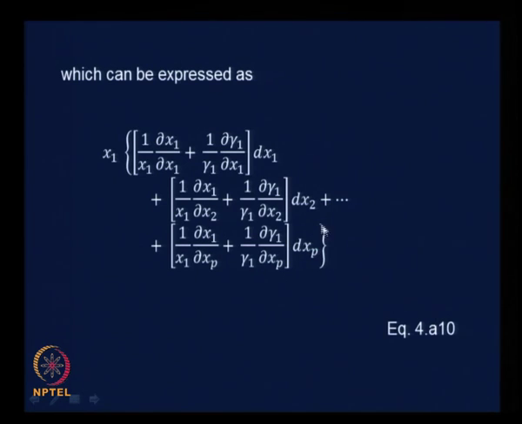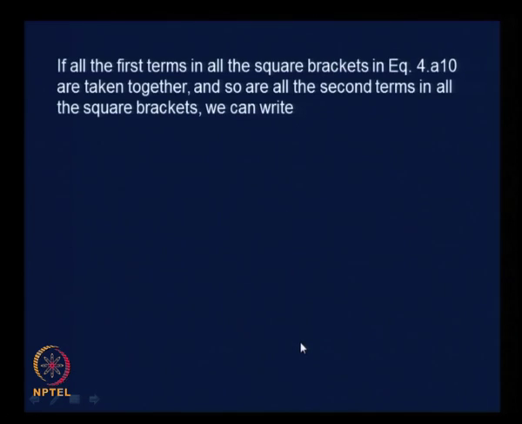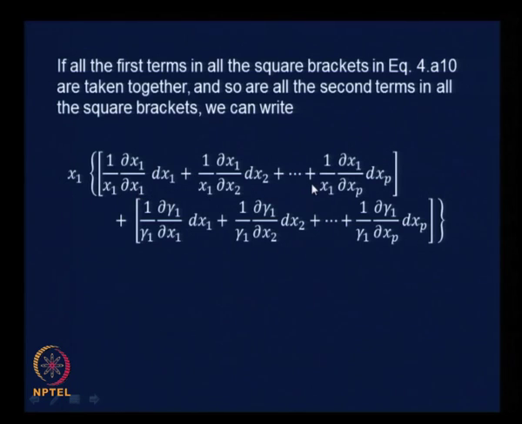This is still inside the flower bracket. That would be one combined term. The other combined term is going to be 1 by gamma 1 dou gamma 1 dou x1 dx1 plus 1 by gamma 1 dou gamma 1 dou x2 dx2 and so on till 1 by gamma 1 dou gamma 1 dou xp dxp. If we combine this, this is what arises.